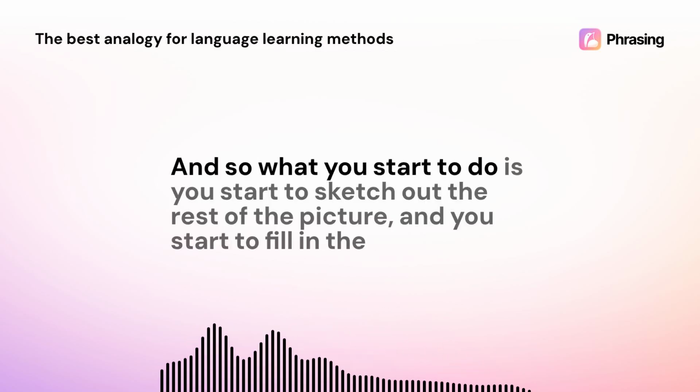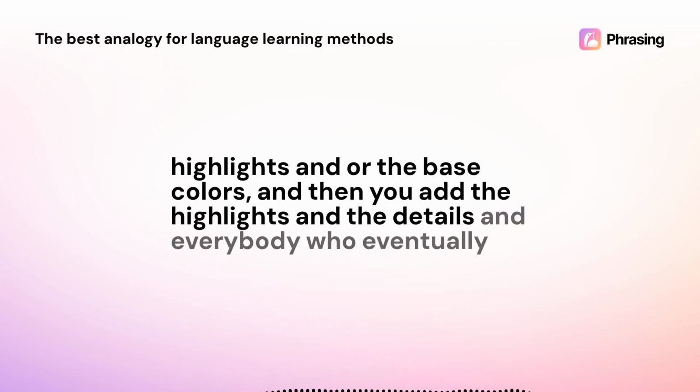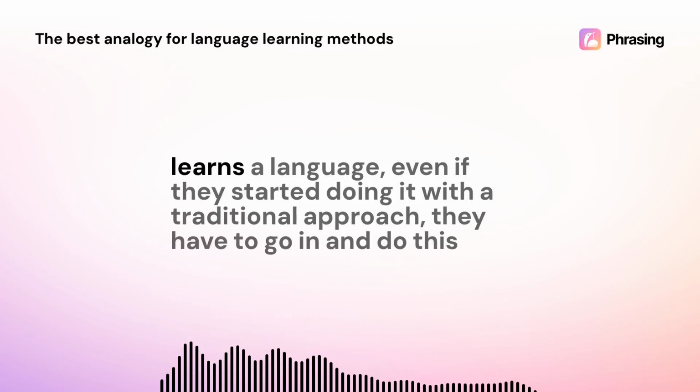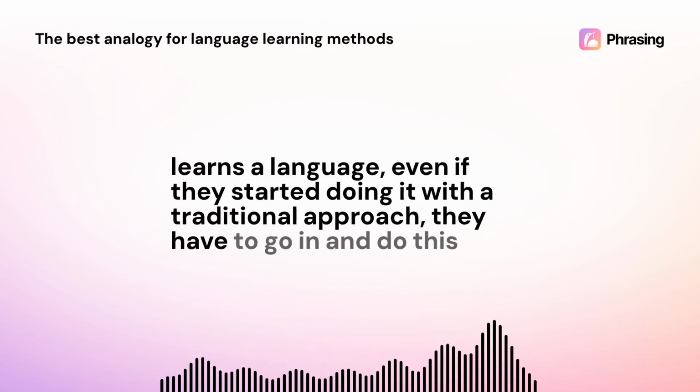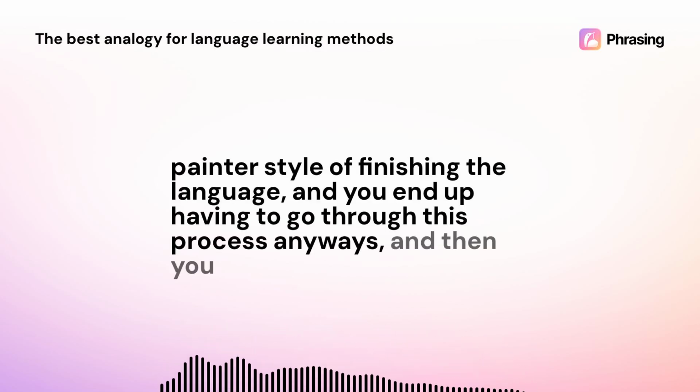And so what you start to do is you start to sketch out the rest of the picture, and you start to fill in the highlights or the base colors, and then you add the highlights and the details. And everybody who eventually learns a language, even if they started doing it with a traditional approach, they have to go in and do this painter style of finishing the language. And you end up having to go through this process anyways.